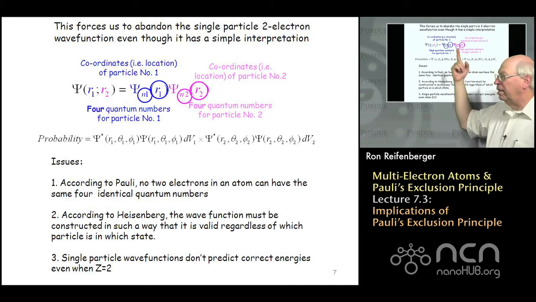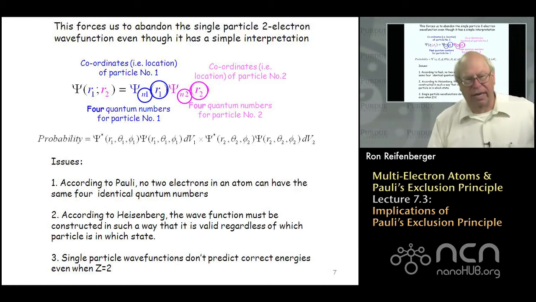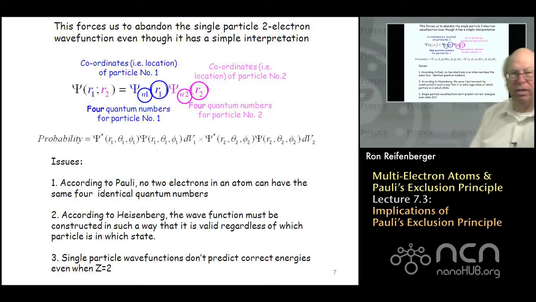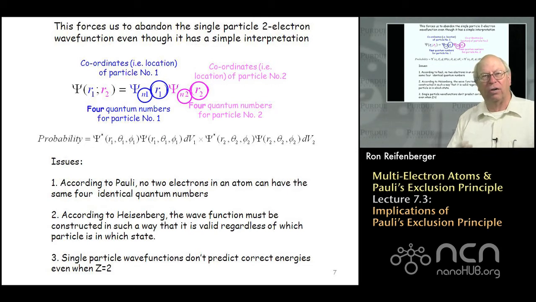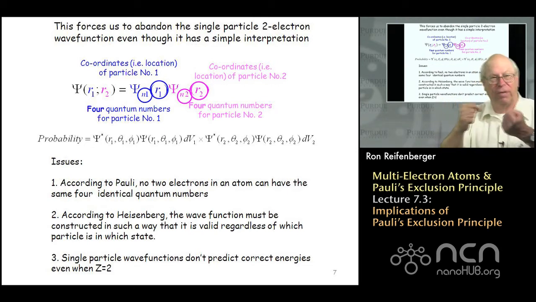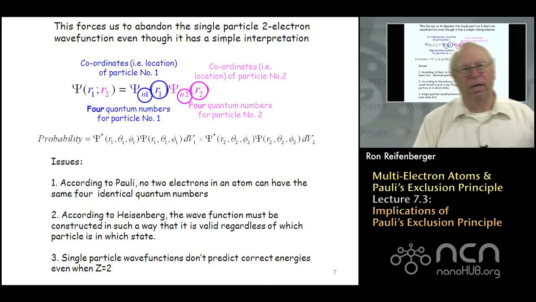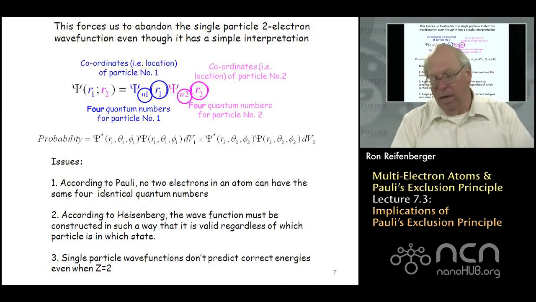And the fact that you simply multiply these two things together is the approximation that starts to break down when there's a strong interaction between particles. And of course, that strong interaction occurs between electrons because they have the same charge polarity.